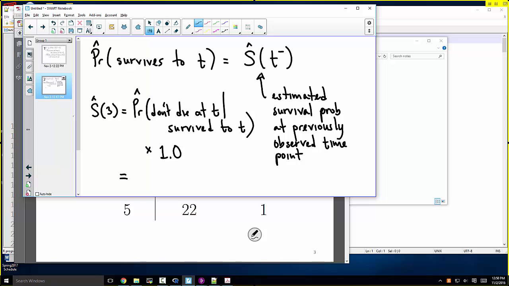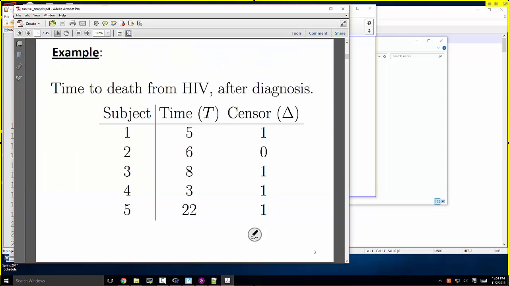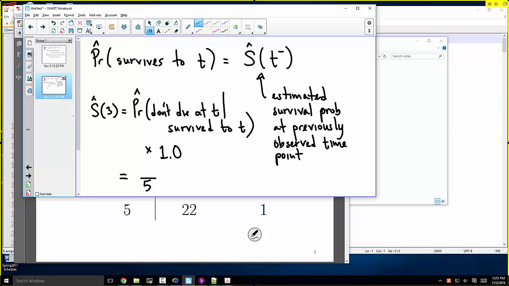At time 3, with these data, we have 5 individuals currently under our observation, and we observed 1 death at time 3. Individual 4 was observed to die at time 3. So if I were to focus just at time t, my estimate of probability of not dying at that time, given that you survived to that time, is what proportion of the individuals who were at risk at time 3 survived.